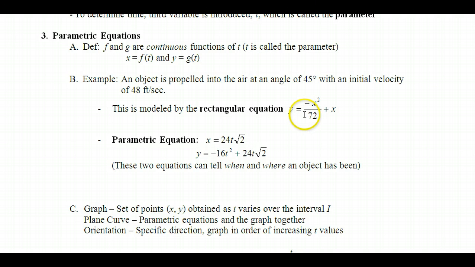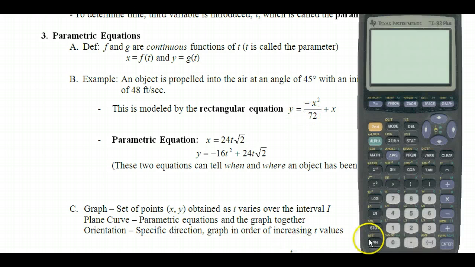Well, if we would graph this, I'll take out my calculator, and maybe it will turn on for me. All right, when you plug that in, x has to be squared first. So we could put in negative x squared.